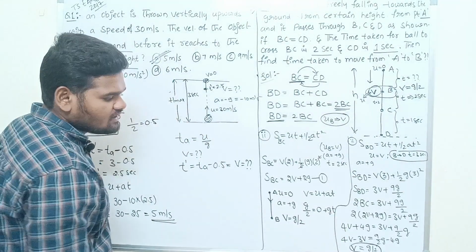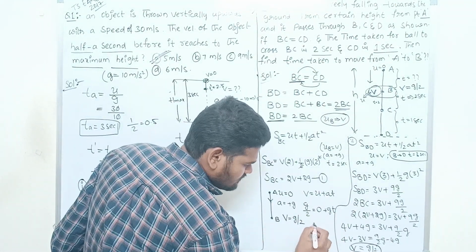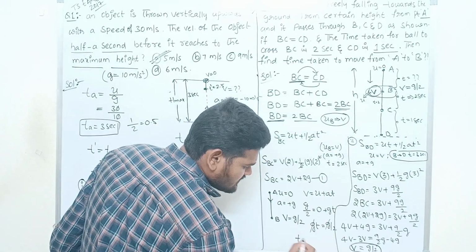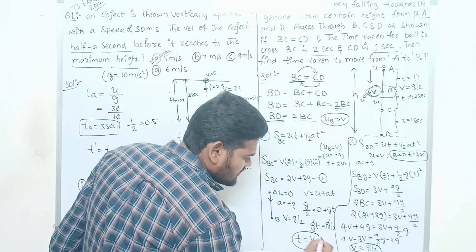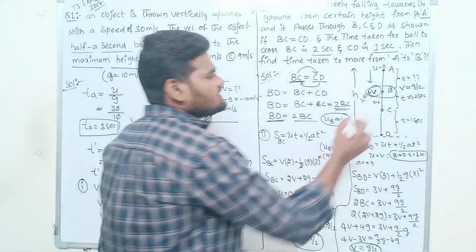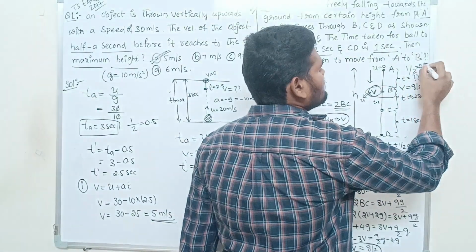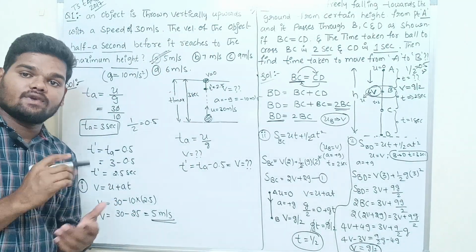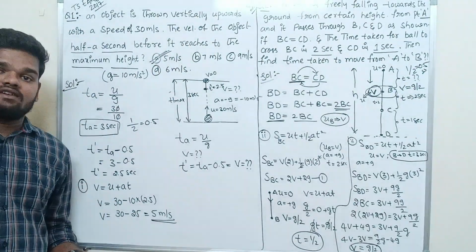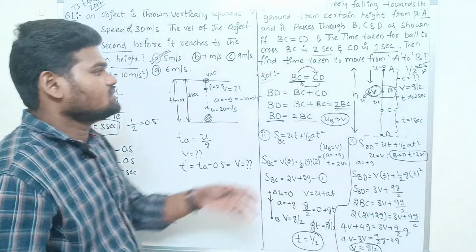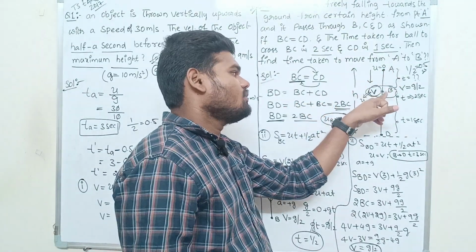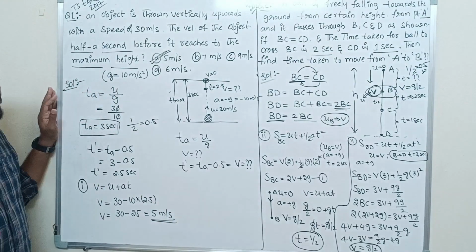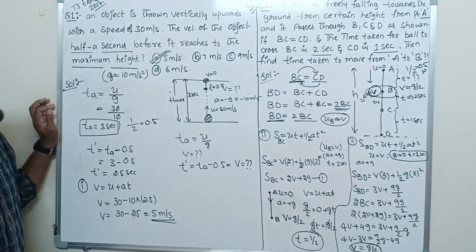So gt is g by 2, the g's get cancelled out, and t is 1 by 2. In 0.5 seconds, the object moves from point A to point B. Pause the video and write the solutions.